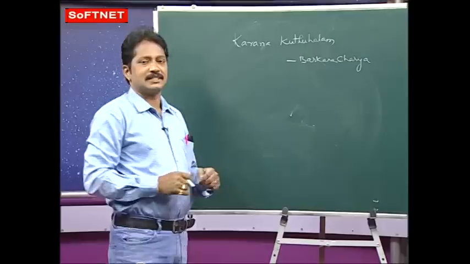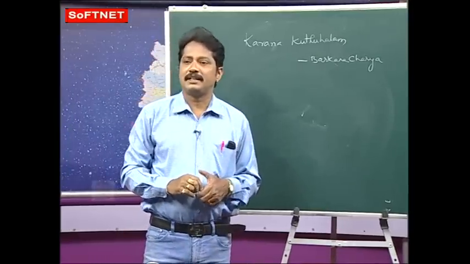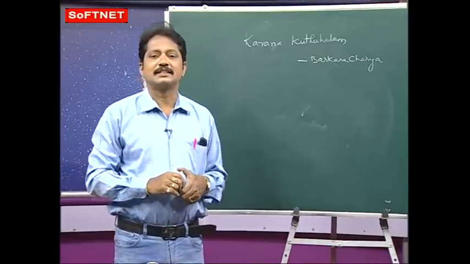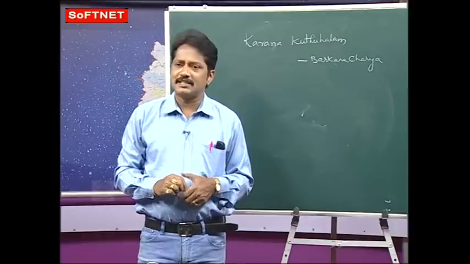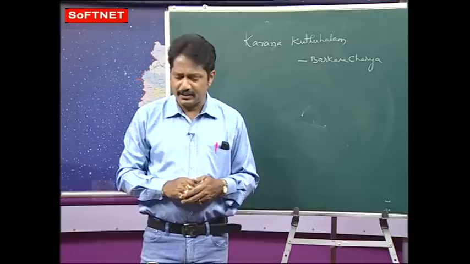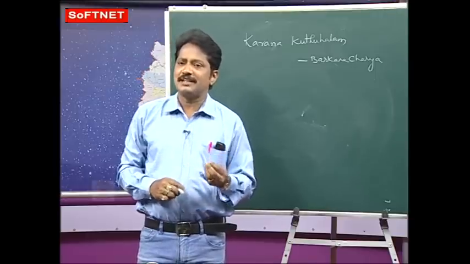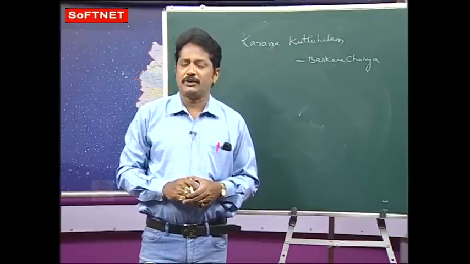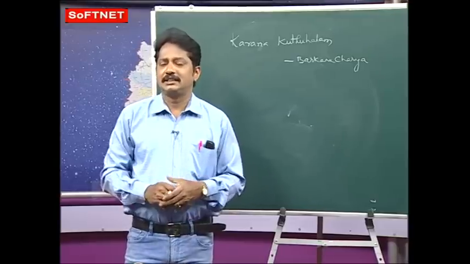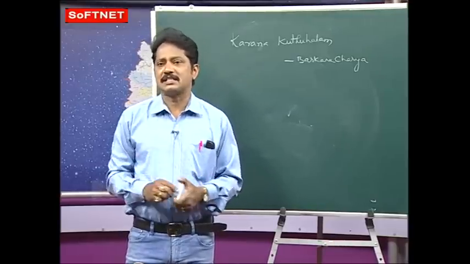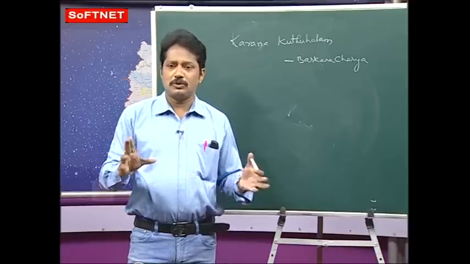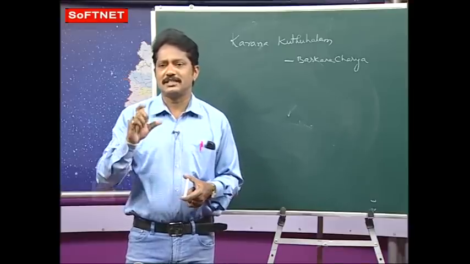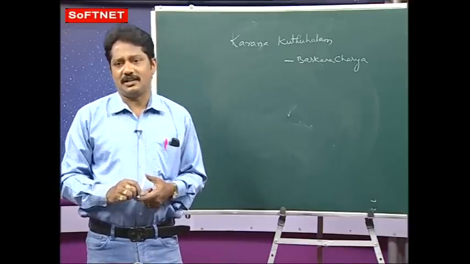The second book written by Bhaskaracharya is called Karana Kutuhalam. Maybe you know the importance of Karana Kutuhalam: it is concerned with astrology, how to calculate the motion and impacts of the different kinds of planets. So it is completely concerned with astrology.